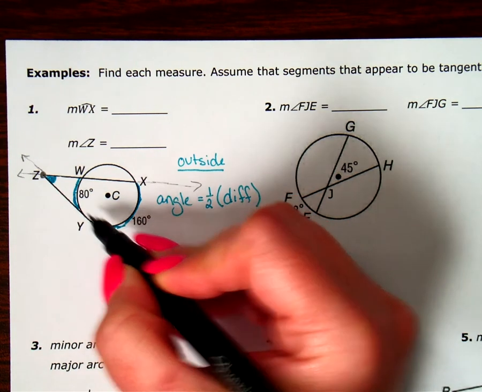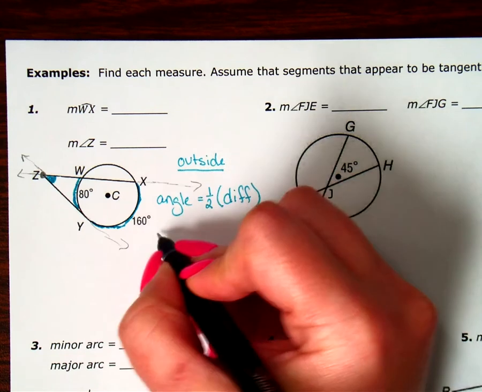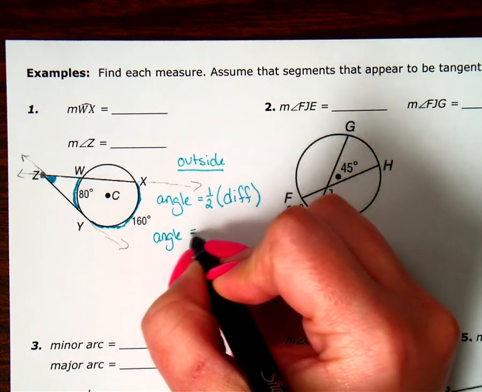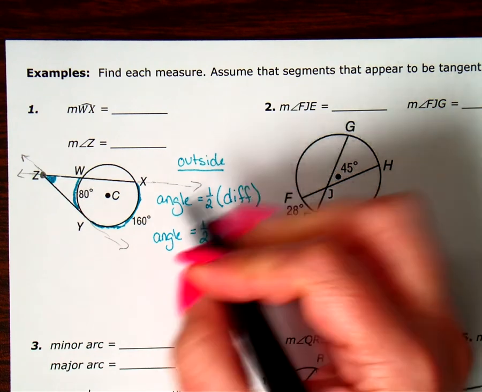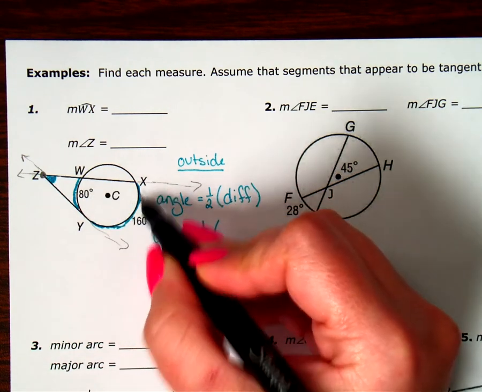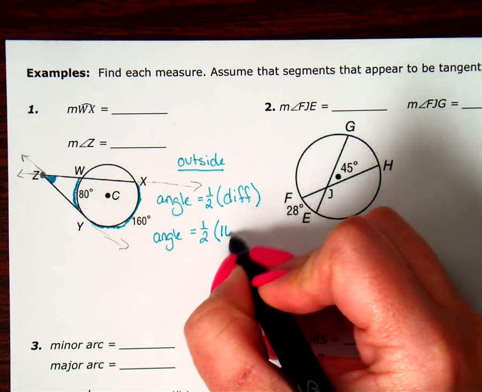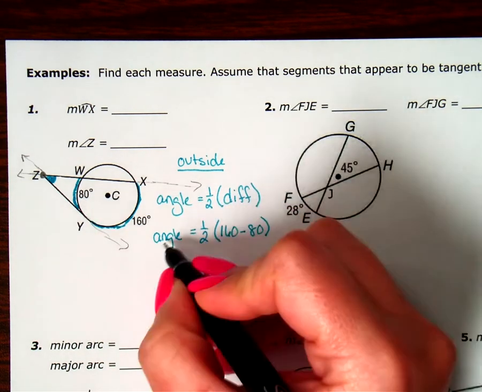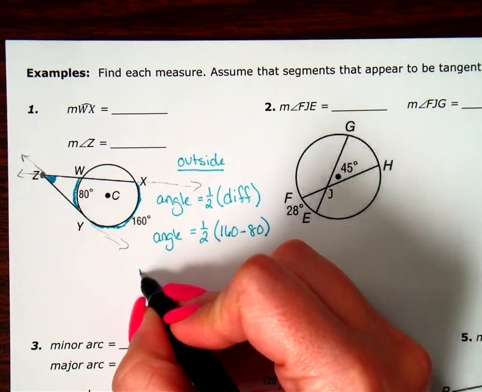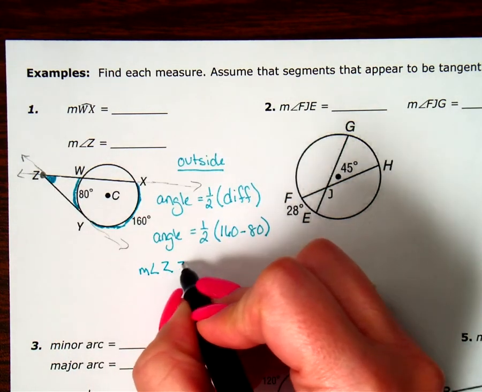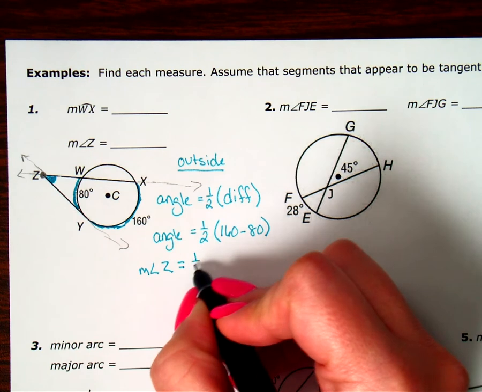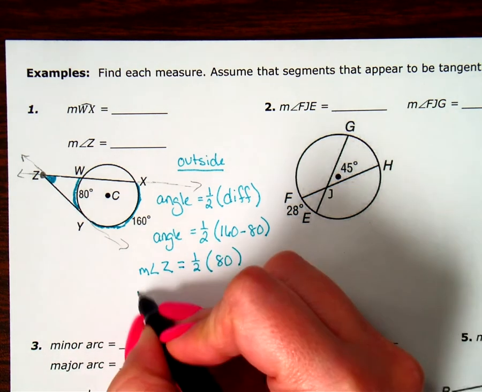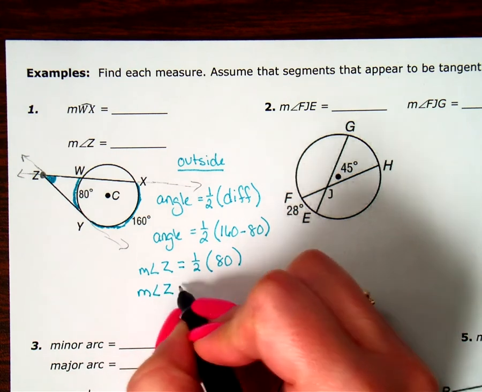This angle Z is going to be 1/2 the difference of these 2 arcs. So my big arc, 160, minus my little arc, 80. So the measure of angle Z is equal to 1/2 of 160 minus 80, which is 80. So the measure of angle Z equals 40 degrees.